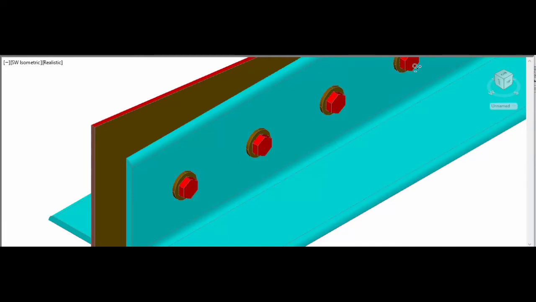These are the bolts placed at regular intervals called pitch, maintaining the minimum edge distance.